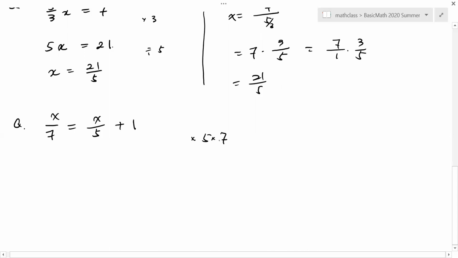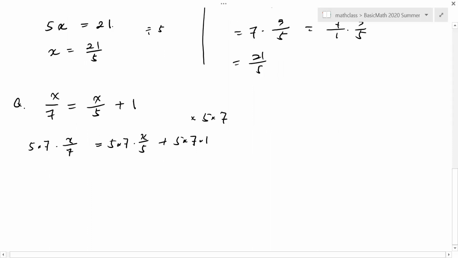So 5 times 7, x over 7, here's the 5 times 7, x over 5, plus 5 times 7 times 1. Every term should be multiplied by 5 times 7. So the 7s cancel out, the 5s cancel out. So 5x equals 7x plus 35.